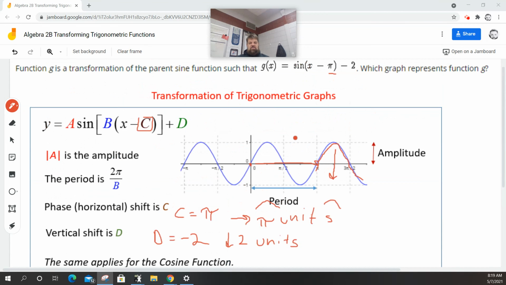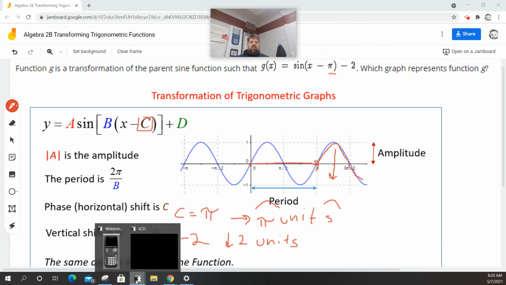Wait, I gotta think for a second. If I shift that pi, I think it's inverted.